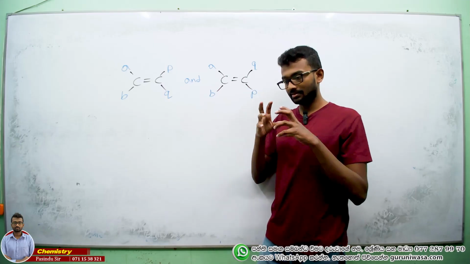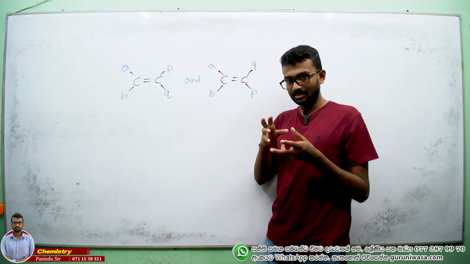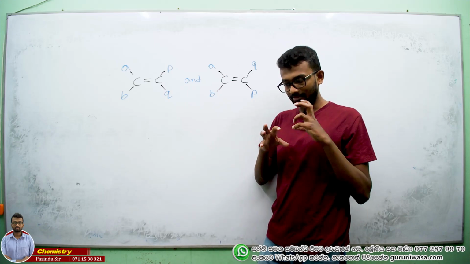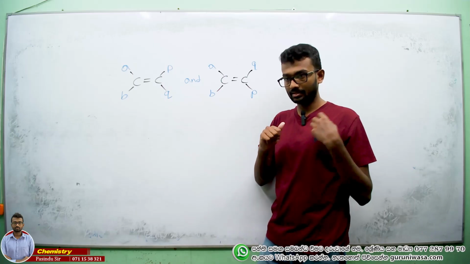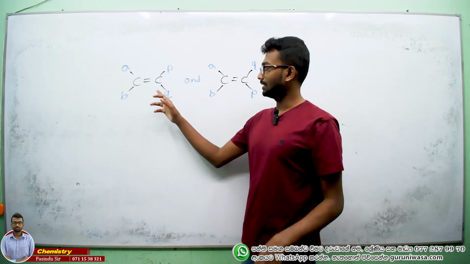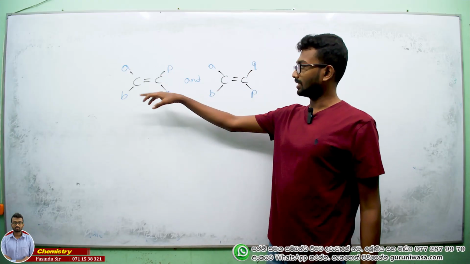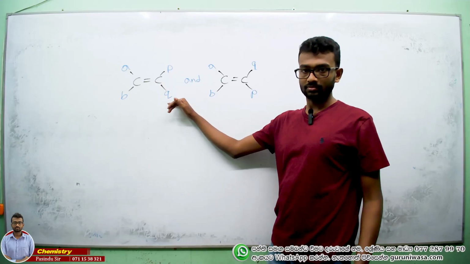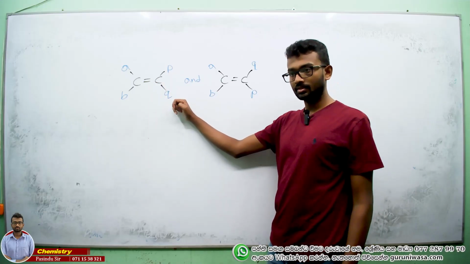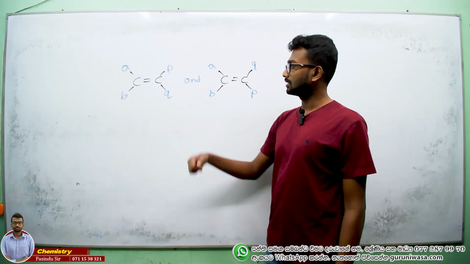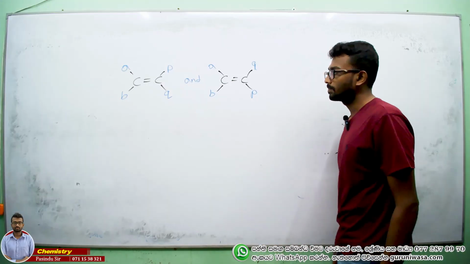So actually this is a 3D arrangement, as I said from the beginning. These are the differences about 3D arrangement, right? In this case there are 4 different types of groups or atoms around this carbon, here also.